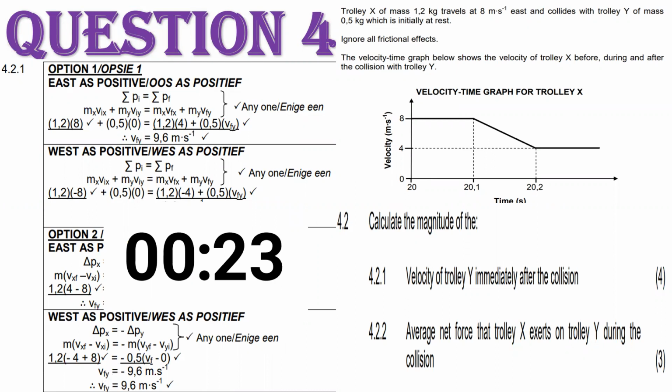Now you are using impulse: F times delta t equals m times delta v. Using the impulse formula to get the average net force on trolley y. So FXY, you can say, when they collide with each other. Getting FXY, 1 second.